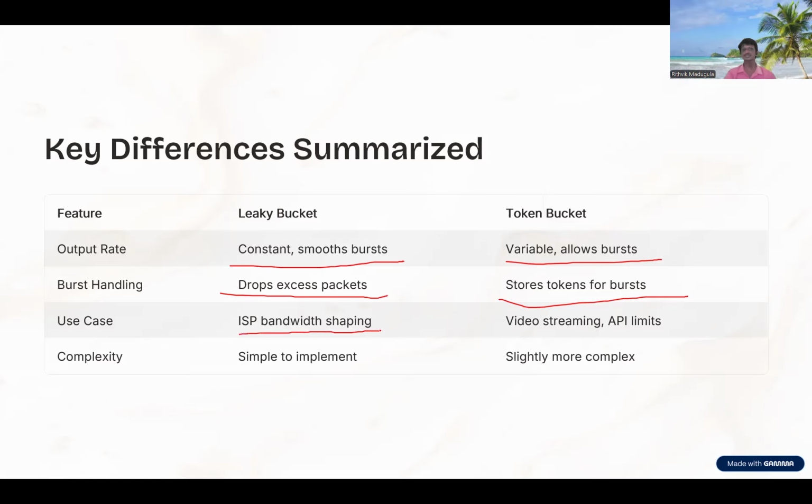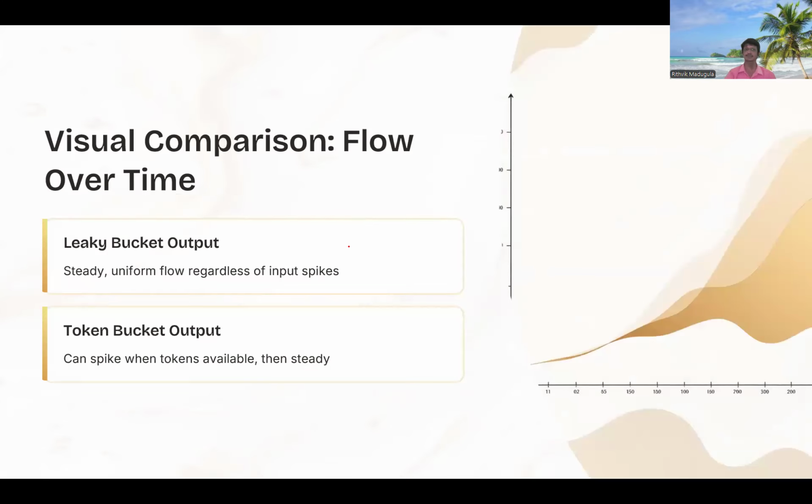The best example for leaky bucket is ISP bandwidth shaping, and video streaming and API limits come under the use cases of token bucket. In complexity, leaky bucket is very simple to implement, but token bucket is slightly more complex to implement. So these are the few differences between leaky bucket and token bucket.